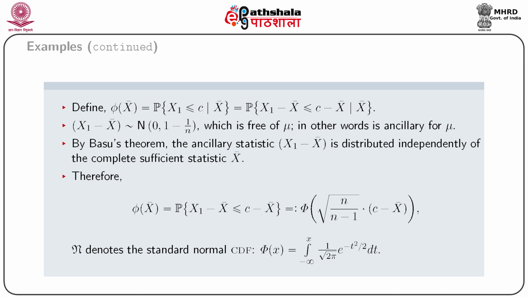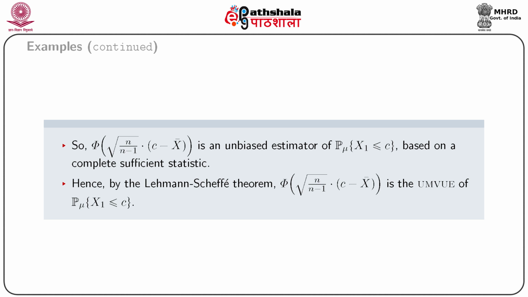Hence, phi of X bar is equal to probability X1 minus X bar less than or equal to c minus X bar, which is equal to capital Phi of root over n by (n minus 1) into (c minus X bar). Since phi of X bar is an unbiased estimator of pi c based on the complete sufficient statistic X bar, by Lehmann-Scheffé theorem, phi of X bar is the UMVUE of pi c.